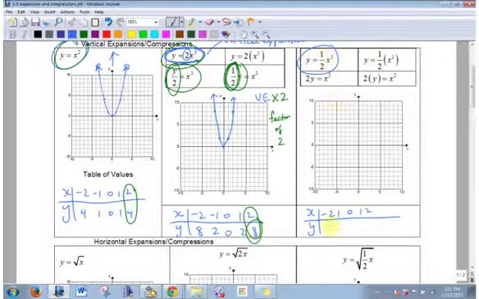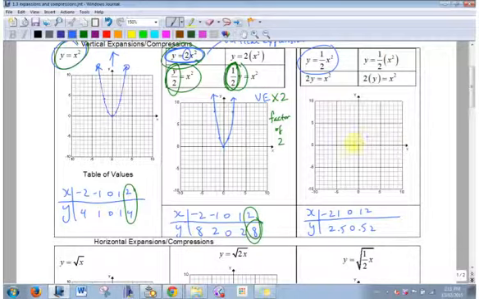What's half of 4? 2. If I got 1, what's half of 1? Half. I got a 0. What's half of 0? Still 0. A half. 2. So I got that point. I've got x is 1, y is a half. If I got x is 2, y is 2.